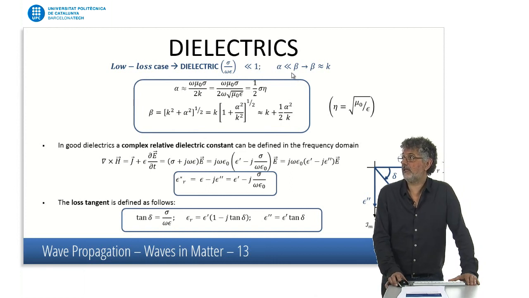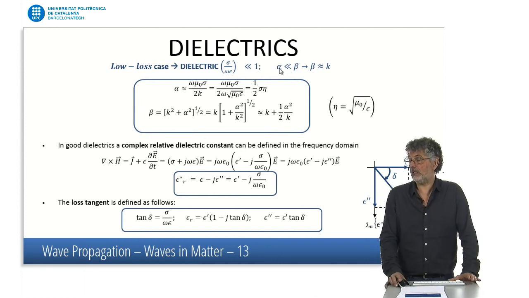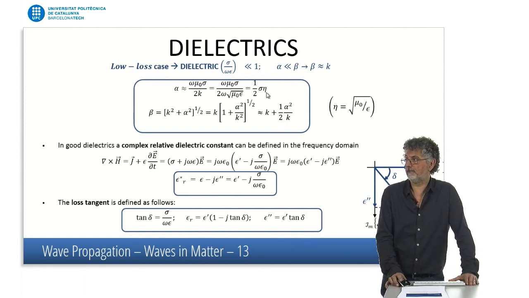Actually, in a dielectric, what happens is that the attenuation constant alpha is much smaller than beta. That means that beta is almost equal to k, because if alpha is very small, then beta is approximately k. And this is an approximate expression for the attenuation in a dielectric.